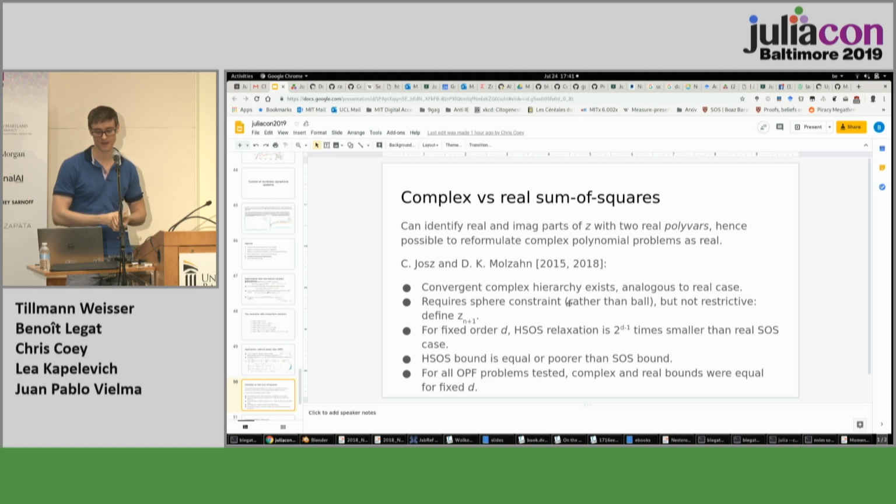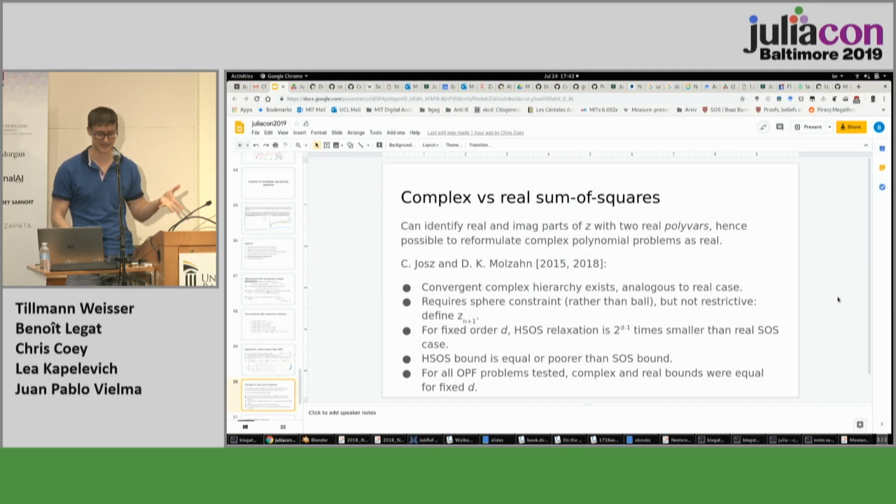And those things are not commutable. The SOS relaxation and identifying the imaginary and real parts are not commutable. So they do this alternative way, and they turn their complex relaxation into a real semi-definite program and go and solve that. And they prove some interesting things.